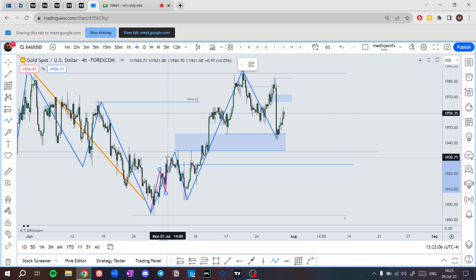We have this high, this high, this high. Do you see this? We have a 4-hour structure inside, something like this.